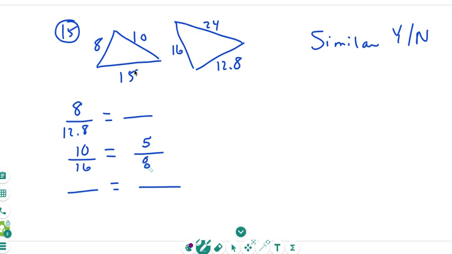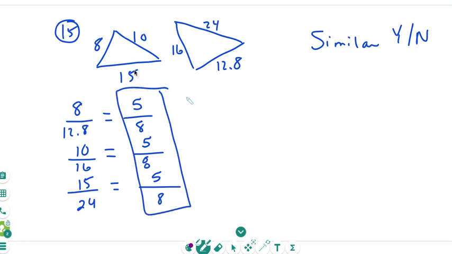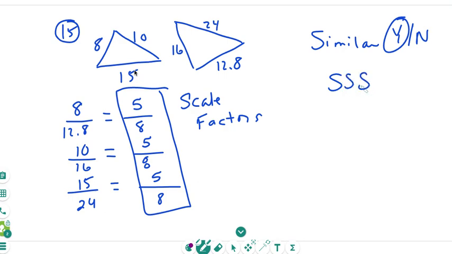And then we have 15/24, which also simplifies to 5/8. So then put your 8 over 12 into the calculator, and you'll find that that also simplifies to 5/8. So if we have all the same scale factors, then yes, it's similar, and it's similar by side, side, side. And now we've reviewed for the quiz.